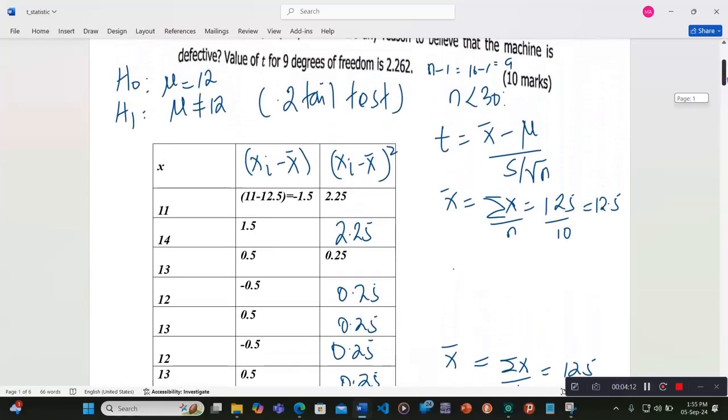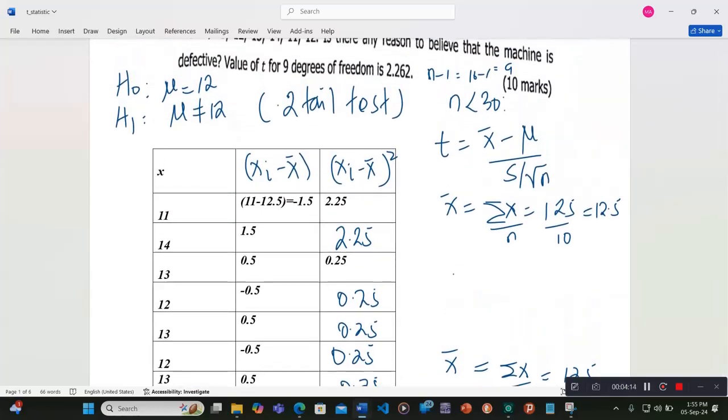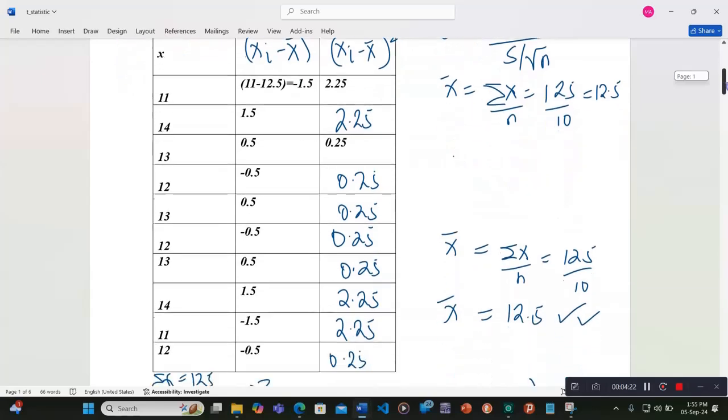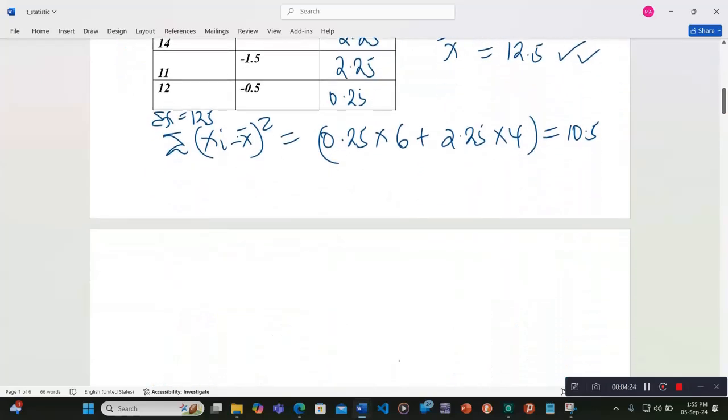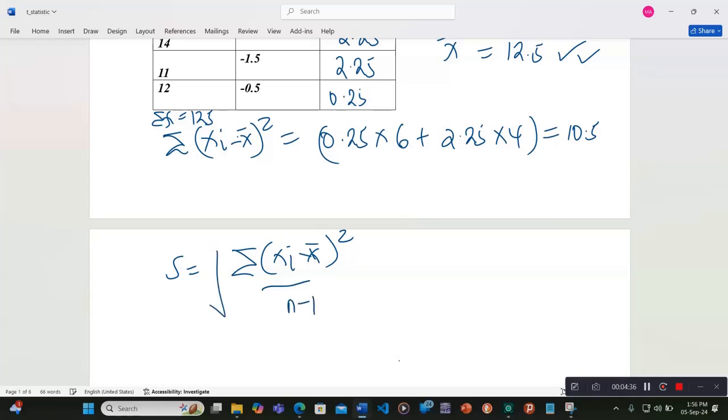From there we also need to look for the sample standard deviation. The formula will be the square root of the sum of xi minus x bar, squared, divided by n minus 1.